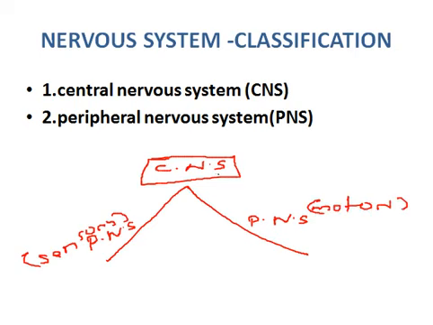So the central nervous system includes the brain and spinal cord. What happens when there is any information, any impulse, is that all those things will be taken by the peripheral nervous system, the sensory part of the peripheral nervous system.